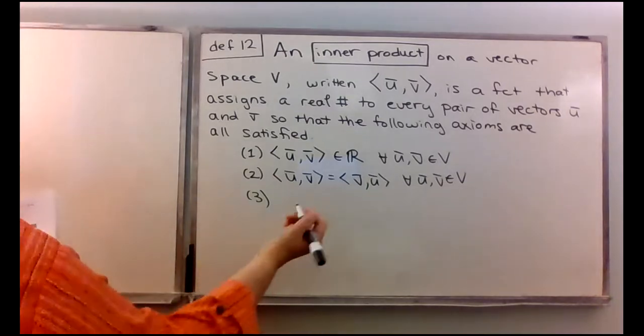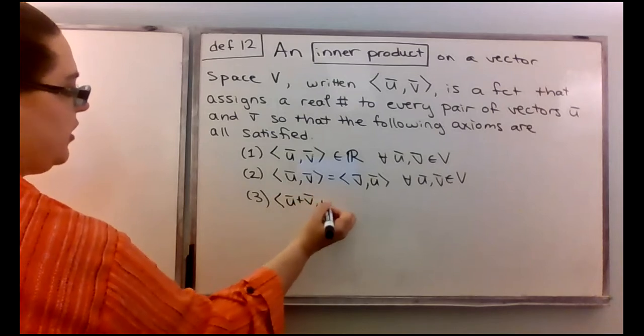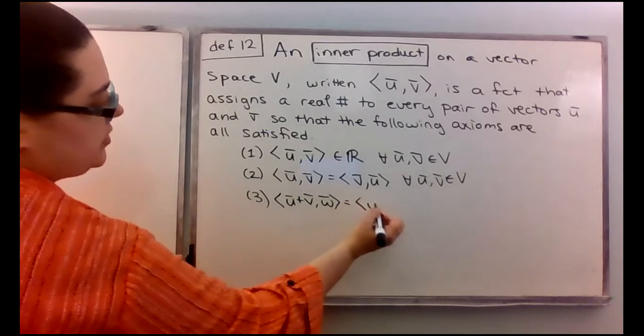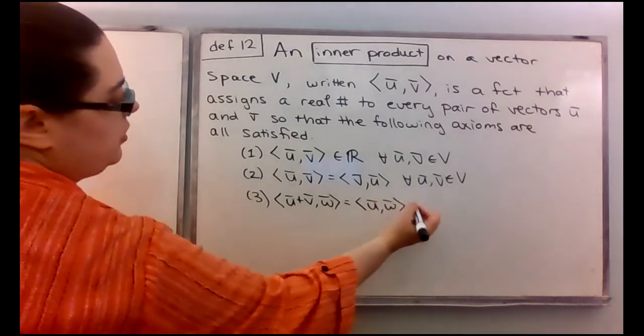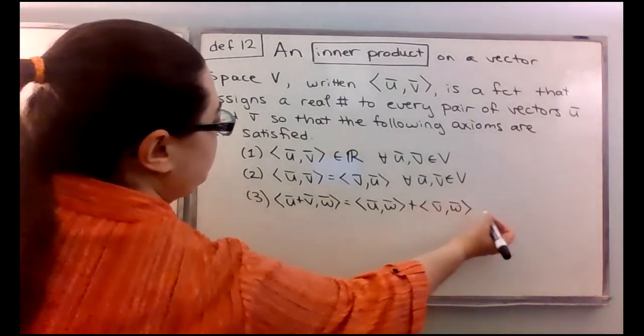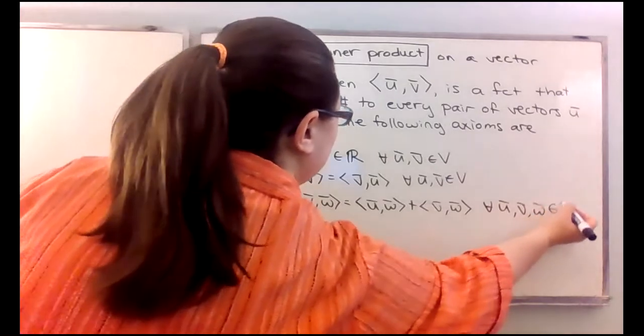It's a reordering of stuff. So we're going to have the inner product of U plus V and W. That's going to equal the inner product of U, W plus the inner product of V, W for all U, V, and W.